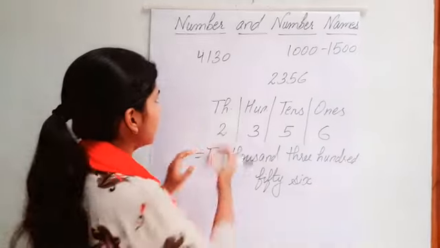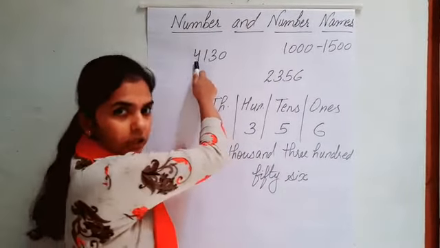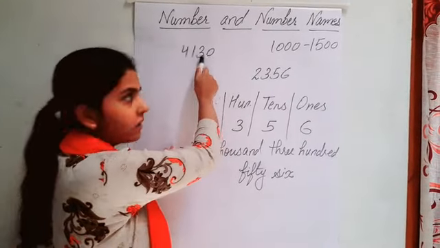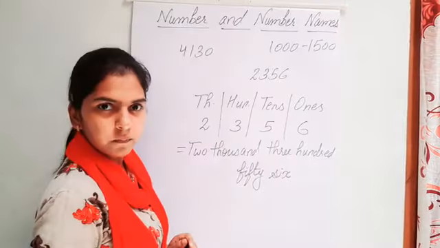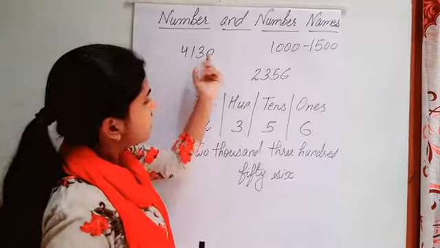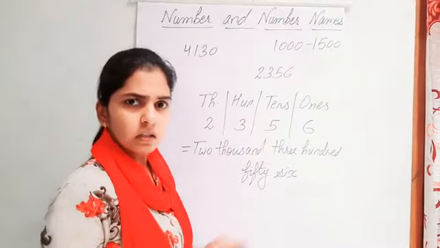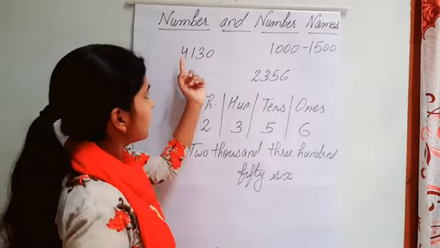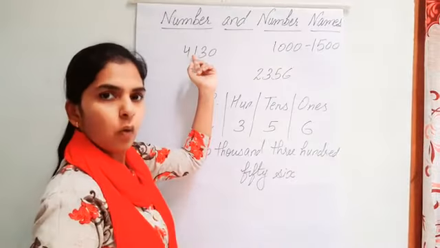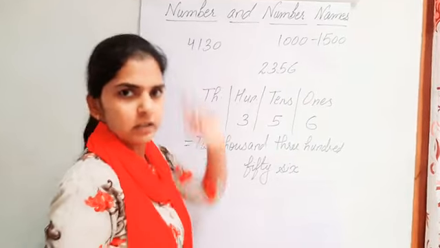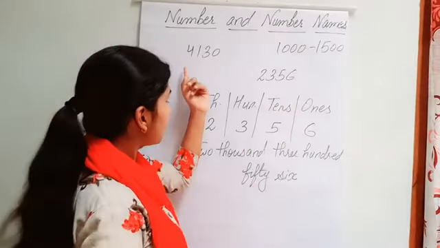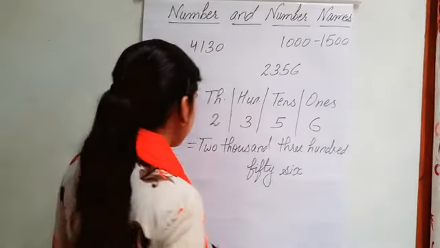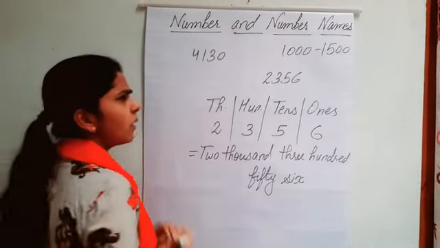So let's start reading this number. 4 thousands, 1 hundred, 3 tens, 0 ones, right? So 0 ones, 0 means nothing. 3 tens means 30. So this number is 4130.